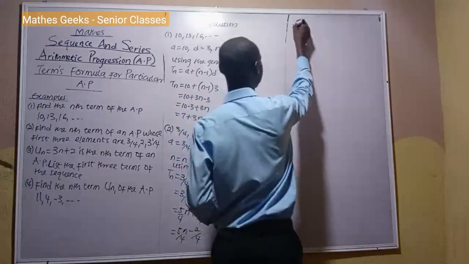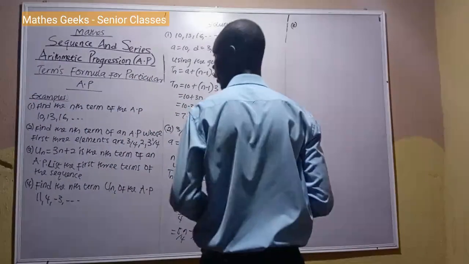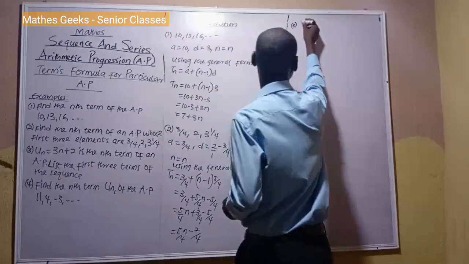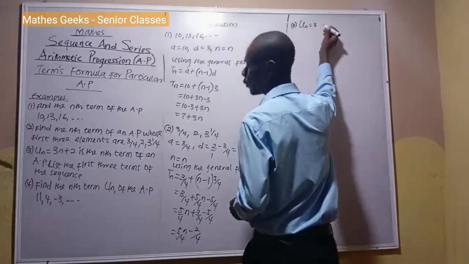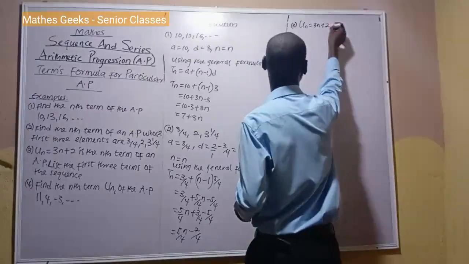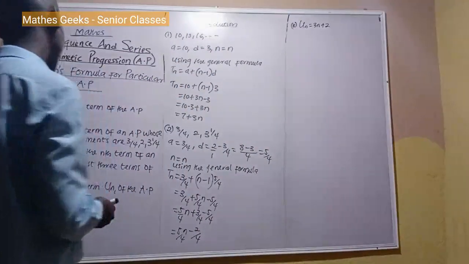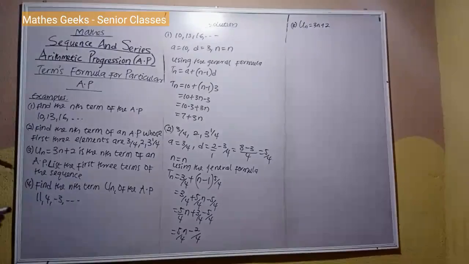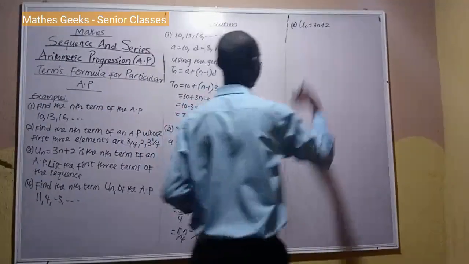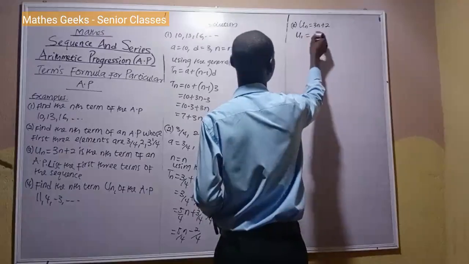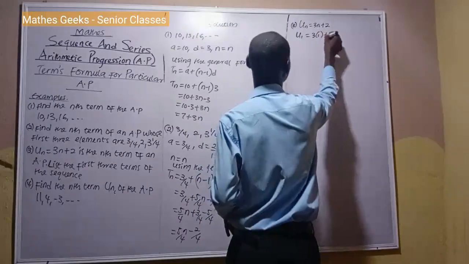Number 3. Un is equal to 3n plus 2 is the nth term of an AP. List the first three terms of the sequence. u1 is equal to 3 times 1 plus 2.